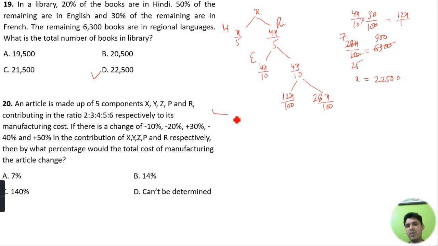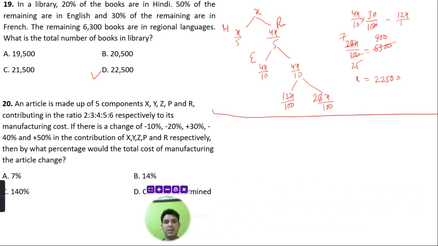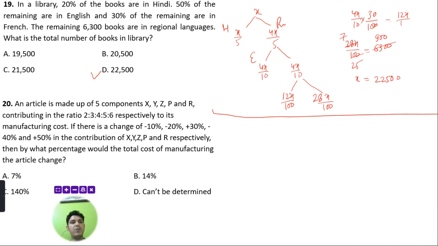Last question of the series test. If we check the last question, the question is: an article is made up of 5 components X, Y, Z, P, R in the contribution in the ratio 2, 3, 4, 5, 6 respectively to its manufacturing cost.